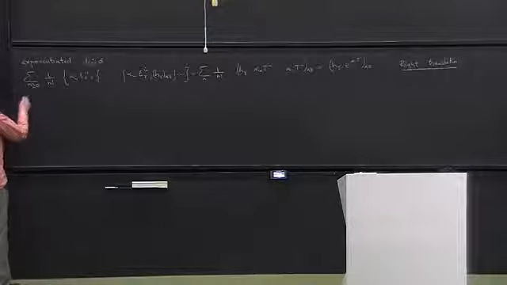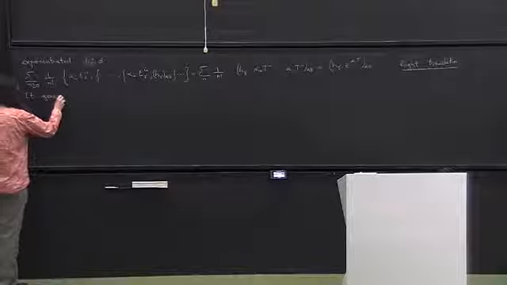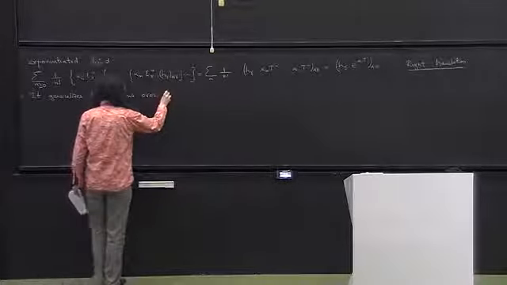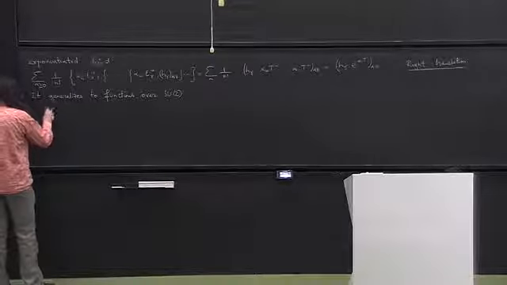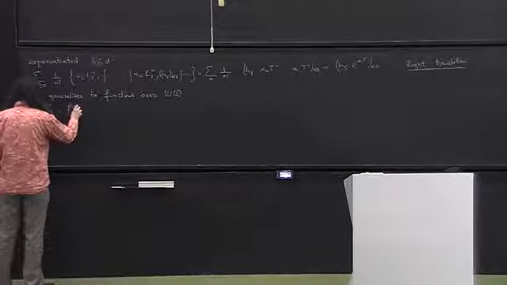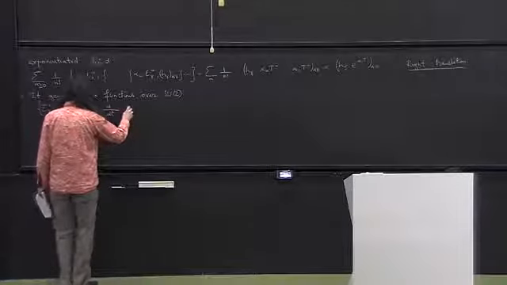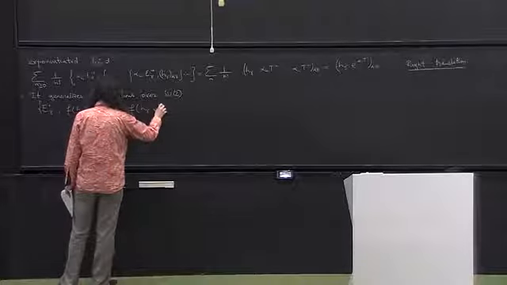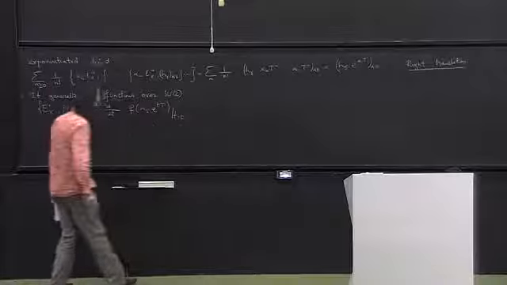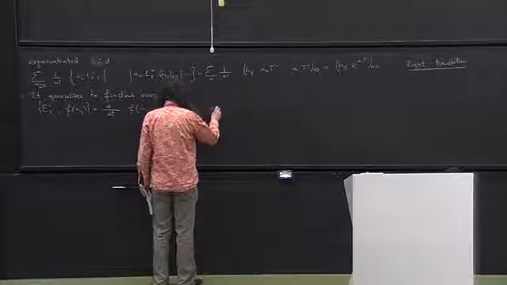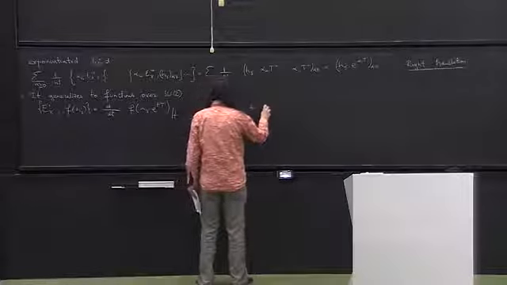Okay, and that generalizes to functions. Functions over SU2, in the sense that E gamma I with f of h gamma will be d by dt of f of h gamma exponential t ti at t equals 0, and it generates the right translation.